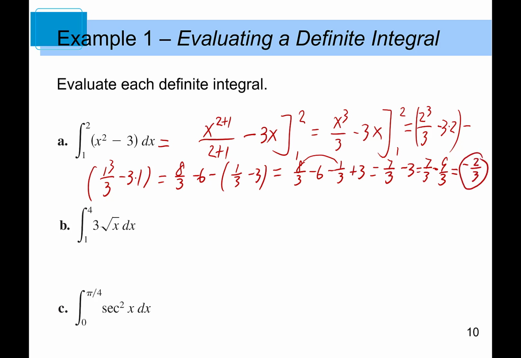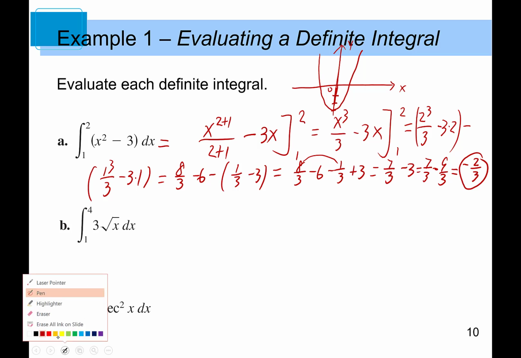You probably wonder why the answer is negative 2/3. So let's draw the graph and you'll be able to understand why this is negative. X and y axes, negative 1, negative 2, negative 3. So this is a graph of the parabola. And as you can see, we're looking at from 1 to 2.